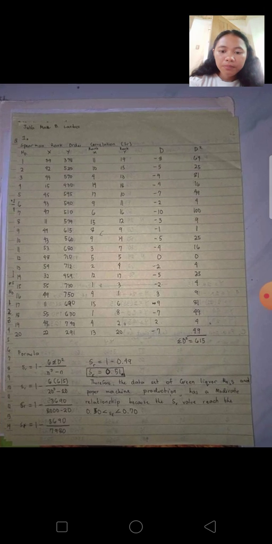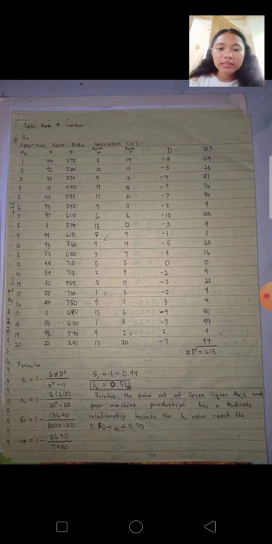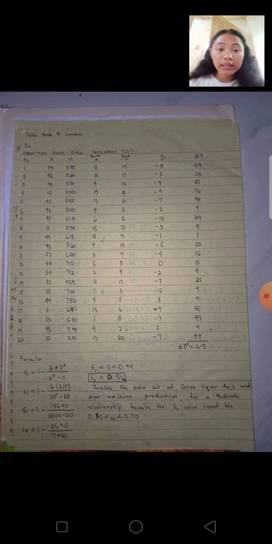So what is asked here is to get the Spearman rank for the green lacquer, where we substitute the variables in the formula. The formula says SR is equal to 1 minus 6 times the summation of d squared over n to the power of 3 minus n, where n is the total population.